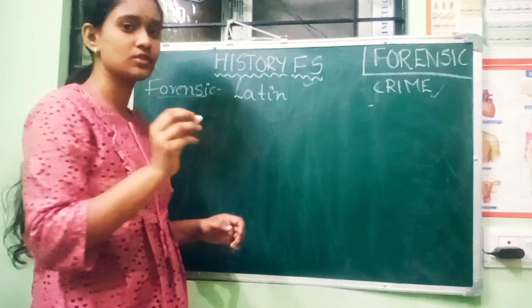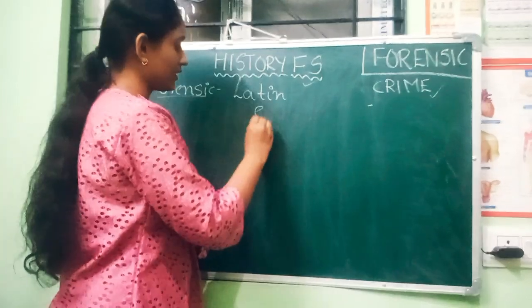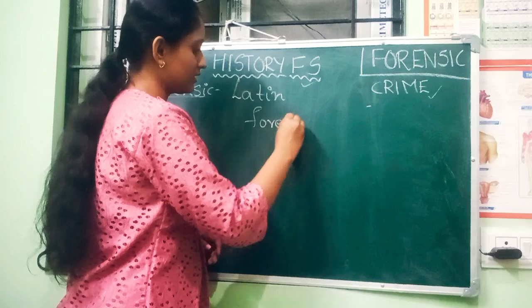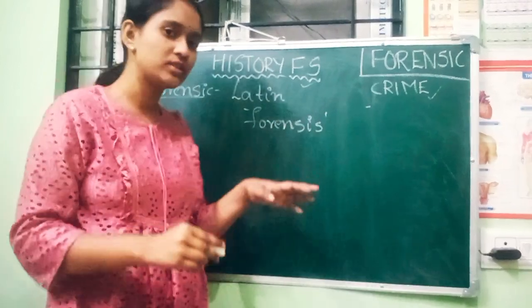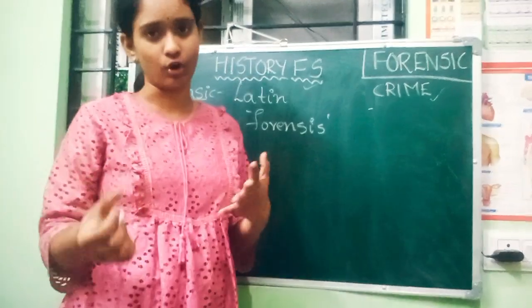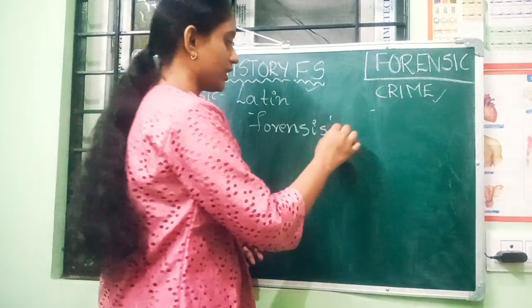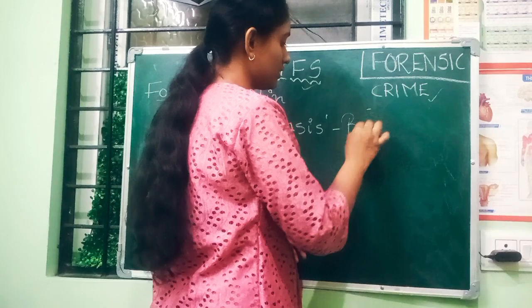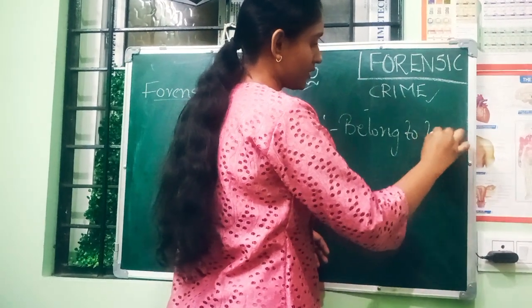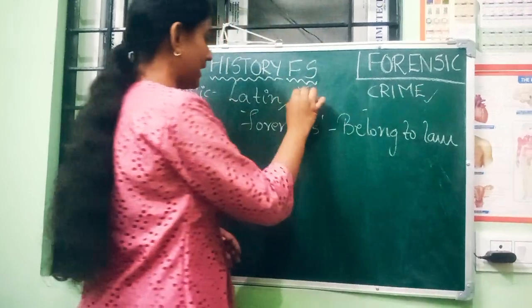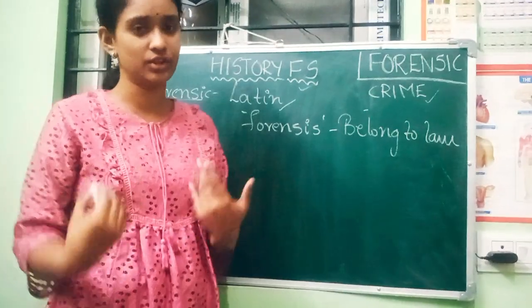In Latin, it is known as forensis. What do you mean by forensis? Forensis means something which belongs to the law or judiciary. So from the Latin word, the word forensic has originated.